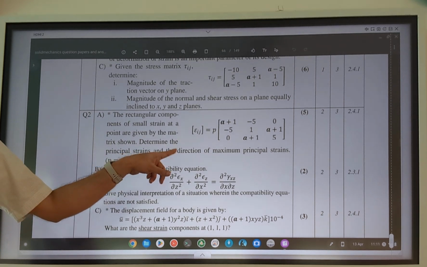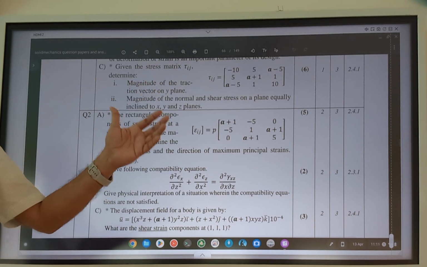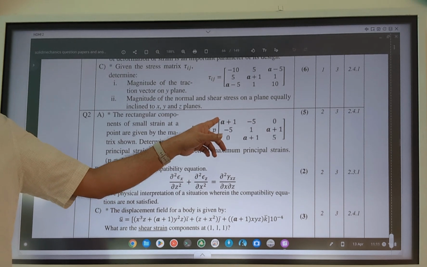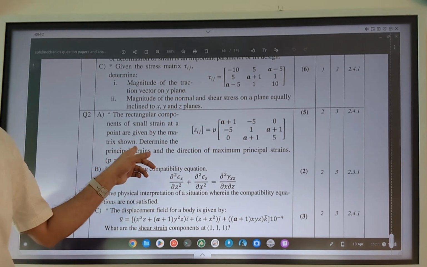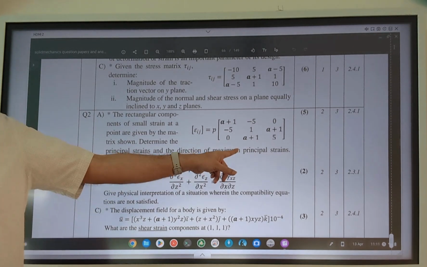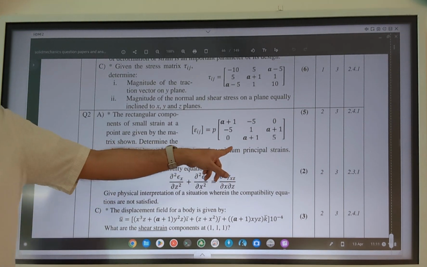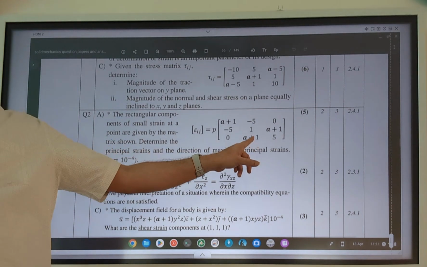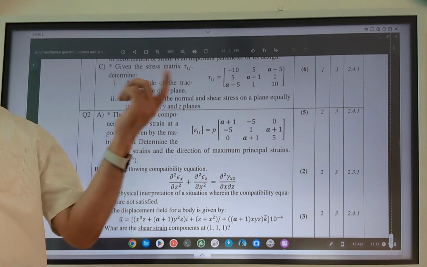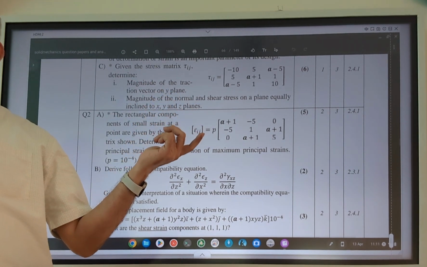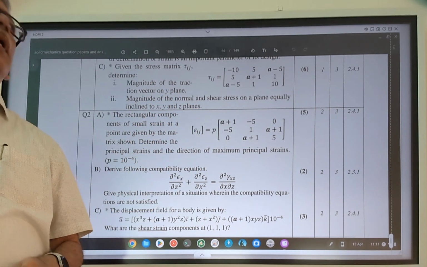And to calculate the direction, that is nx, ny and nz, you have to do some operation. Anybody recollects how do you calculate the direction of the maximum principal plane for maximum principal strain? You don't have to tell the full solution, you have to tell the starting step.